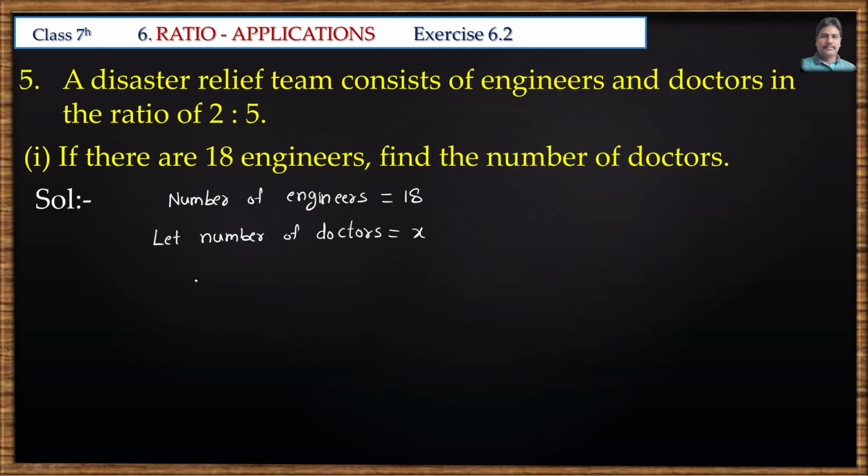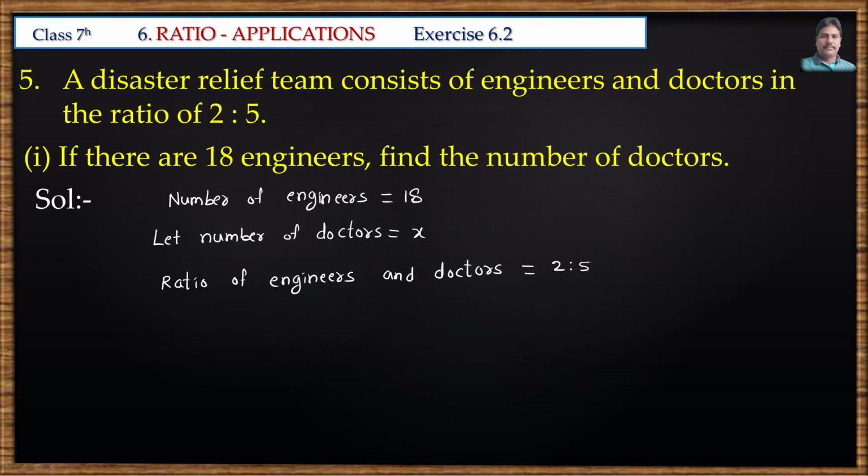We know that the ratio of engineers and doctors is equal to 2:5. Ratio of engineers and doctors is equal to 2:5.